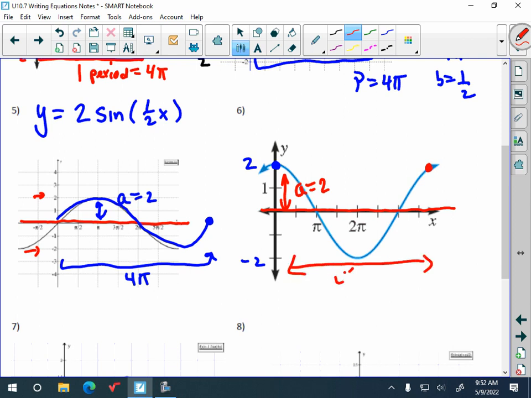So this would be 4 pi again, because the halfway point we can see is 2 pi. So the other half has to be another 2 pi. So our equation is y equals 2 times cosine one half x.